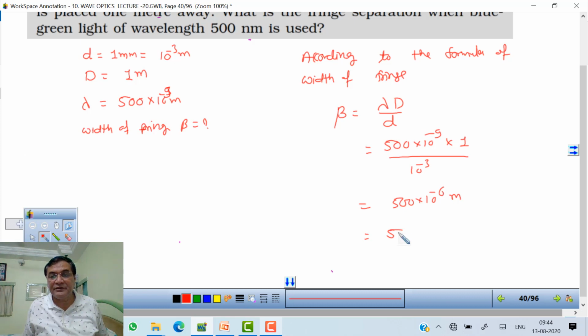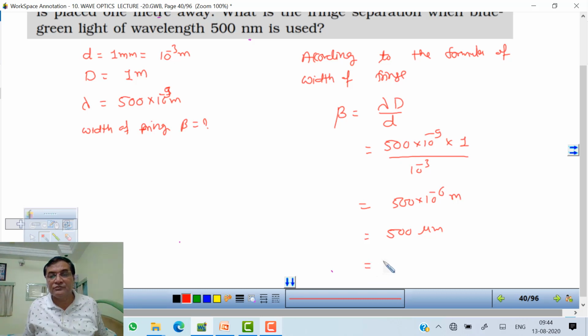So this is 500 micrometer. This is micro.